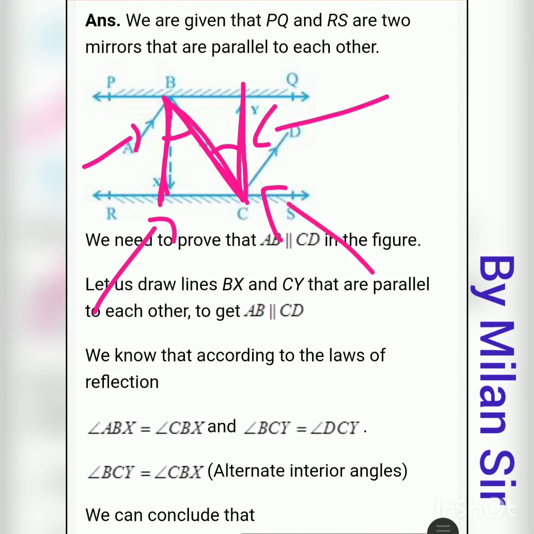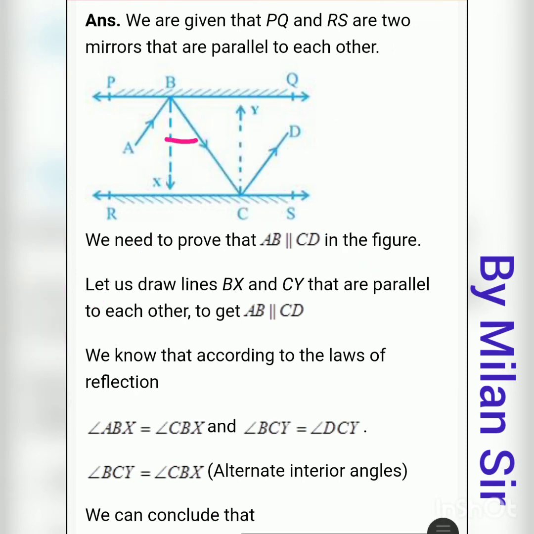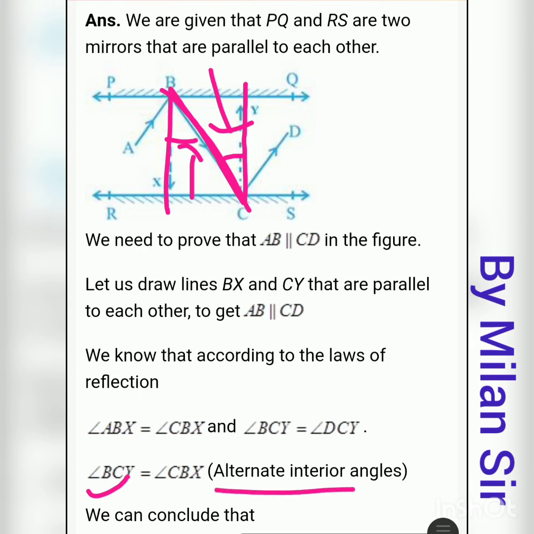So we have one Z shape, and these two angles, BCY and CBX, are the same. The reason is alternate interior angles.